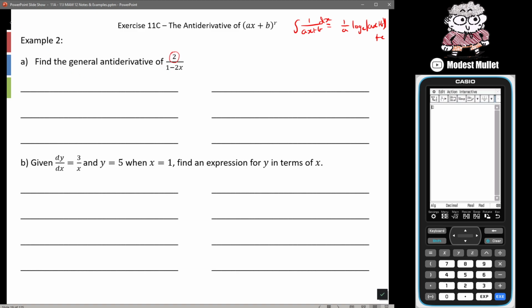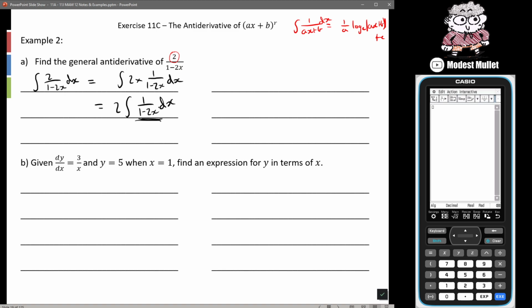What can we do? This is where we can use that scaling factor idea, where the antiderivative of 2 on 1 minus 2x with respect to x is the same as the antiderivative of 2 times 1 on 1 minus 2x dx. Since this 2 at the front has no variable with it, we can write it as 2 times the antiderivative of 1 on 1 minus 2x dx.